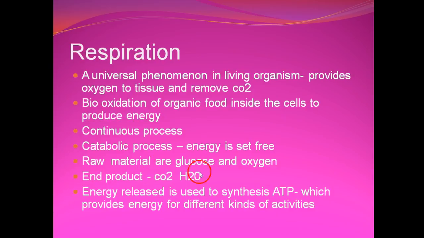The raw materials, glucose and oxygen, react together and cause the release of energy, and the end products are carbon dioxide plus water. The energy released here is used to synthesize ATP, which provides energy for different kinds of physical activities. So ATP acts as a fuel which provides energy for different kinds of activities.